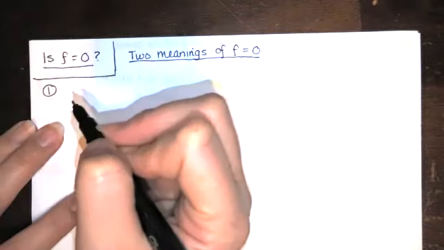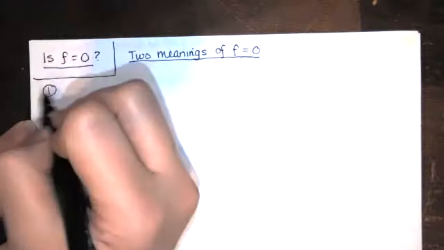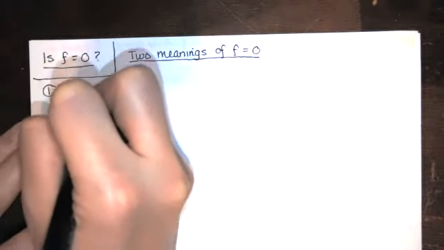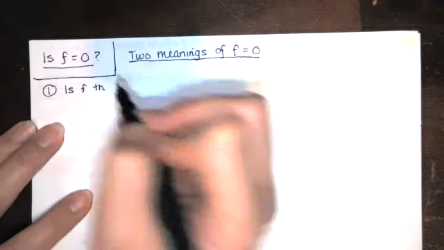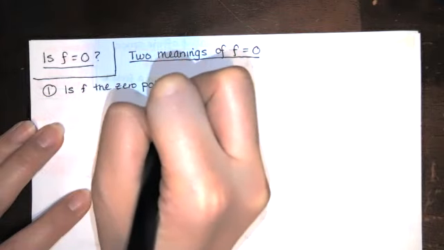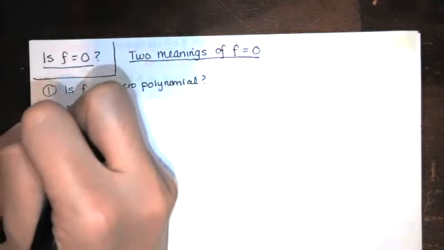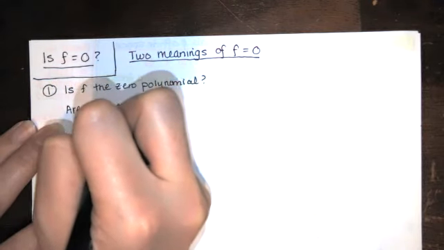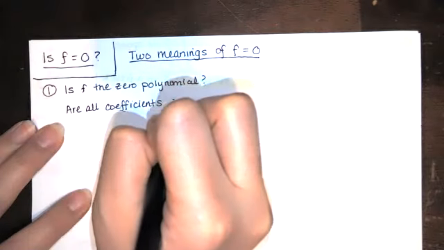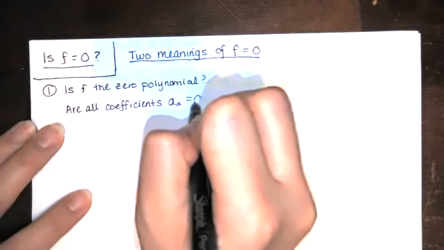So if somebody is asking you if f equals 0, they may be asking you, is f the 0 polynomial? Or in other words, are all of the coefficients, the a sub alpha in our notation, equal to 0?